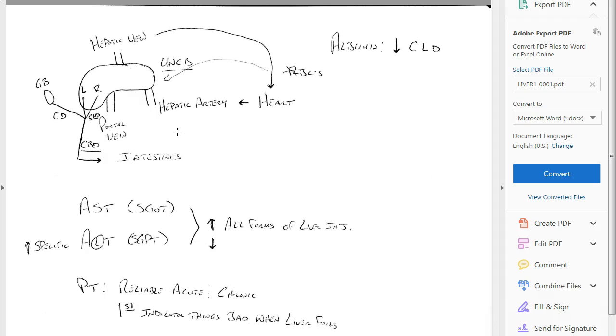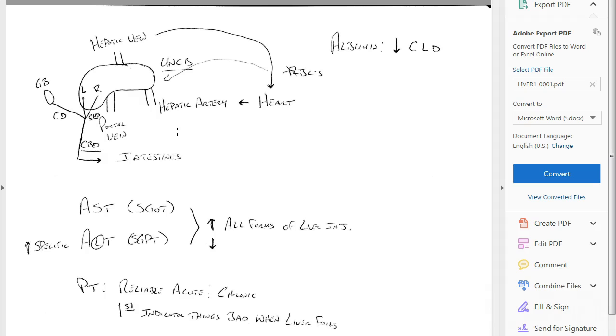So, the AST, and the reason why, here's an example. With your AST, it will elevate in all forms of liver injury. Okay? All forms, AST is going to go up. However, it is only a reliable indicator for recent injury to the liver.